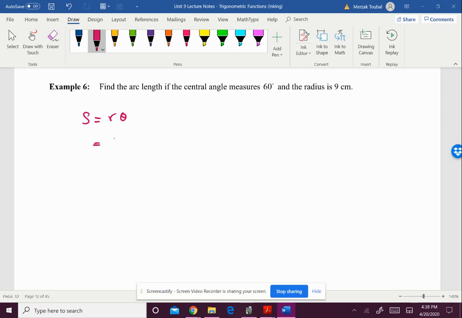R is 9 centimeters, and theta is 60 degrees, so we must convert it to radians: 60 degrees times pi radians over 180. 60 degrees is equivalent to pi over 3. As we work with angles in trigonometry, that becomes automatic. So it's 9 times pi over 3. 9 divided by 3 is 3, so the answer is 3 pi.